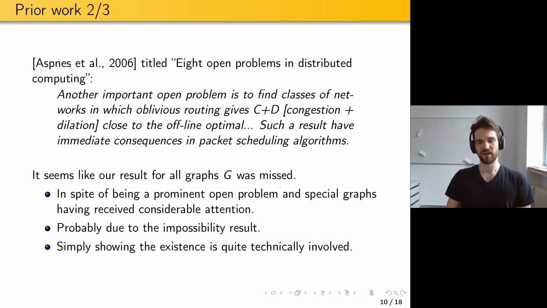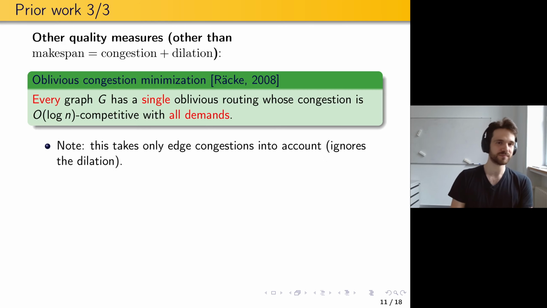But it's still strange, and maybe another reason is the result is fairly technical and involved, and the techniques haven't been developed before. So this might be the first time we can actually tackle this problem. Interestingly, the result was missed, and it's not super clear why. But hopefully we can rectify this.